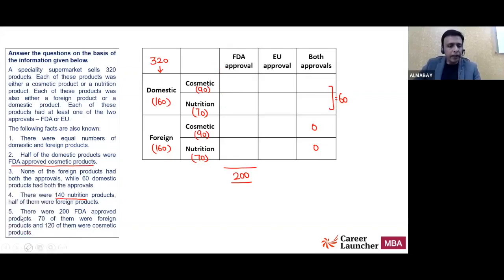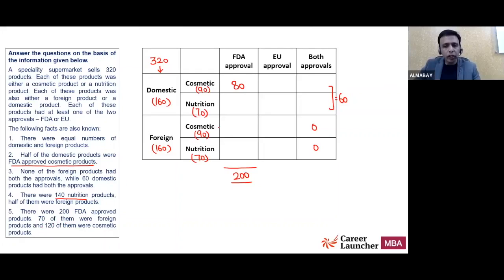It says half of the products were FDA approved cosmetic products. So बेटे यहाँ पे जो 80 हैं, 160 में से 80 ऐसे हैं जो FDA approved cosmetic हैं, and out of total of 200 FDA products, 70 of them were foreign products.